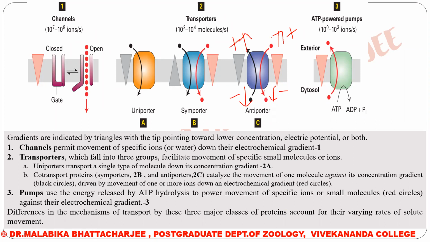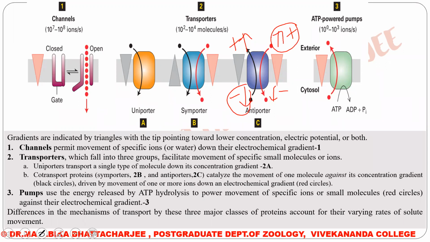So this is the scenario. The red molecule is moving from a region of higher concentration to a region of lower concentration, so it is moving down its electrochemical gradient. But the black molecule is moving from a lower concentration to a higher concentration, so it is moving against its electrochemical or concentration gradient.